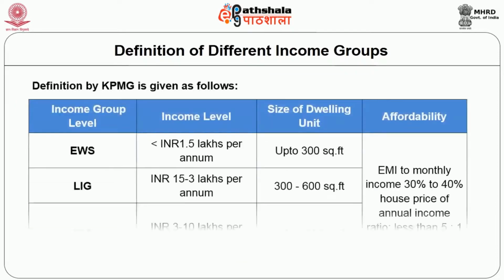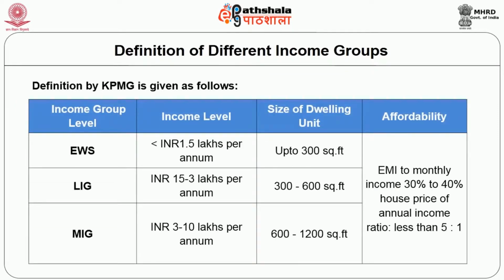Based on the definition of KPMG, EWS means those who are getting less than 1.5 lakh rupees income per annum, and the dwelling size recommended for them is up to 300 square feet.